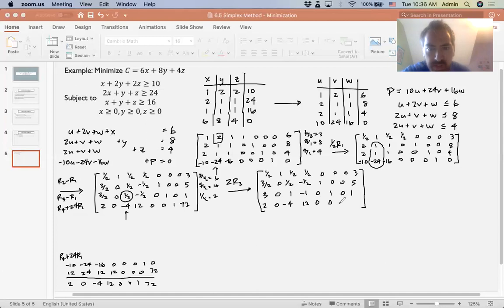And now we want everything else in that third column to become 0. So we want this 1/2 and the 1/2 and negative 4 to become 0. We'll do that by taking row 1 minus 1/2 row 3, row 2 minus 1/2 row 3, and row 4 plus 4 times row 3.